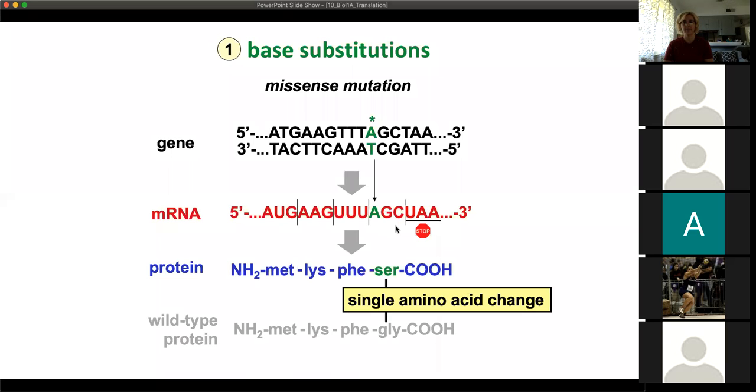Now we've gone from glycine, which was the original, to serine, which is not the intended amino acid. We call this a missense mutation because we basically changed the word. It should have been glycine and now it's serine. It's missense. Will this have a dramatic effect on the protein?